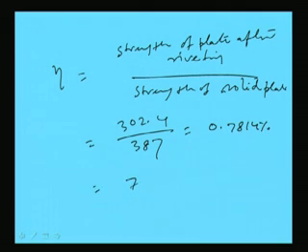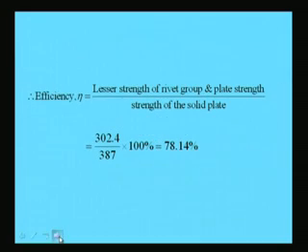That means, the efficiency of the joint will become 78.14%. So, in this way we can find out the efficiency. Efficiency of the joint in this configuration is becoming 78.14%. Now, we will see through some other example.